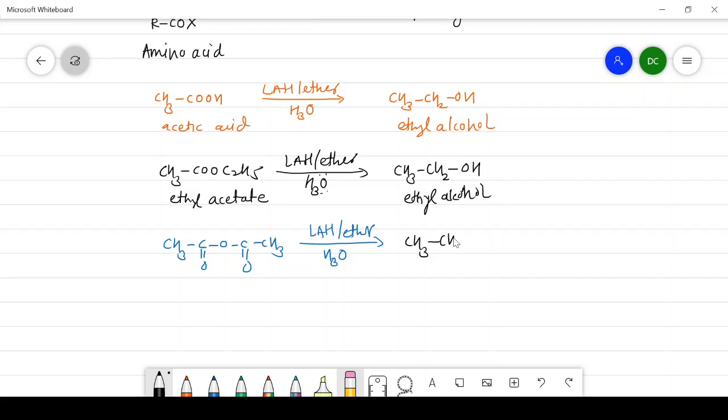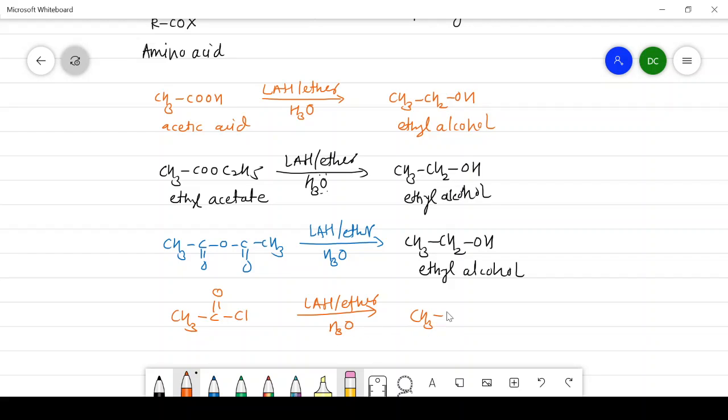Then CH3CH2OH, once again ethyl alcohol. Now take the example of acid halide, that is acyl chloride, COCl. Whatever may be the halogen, it is going to convert into alcohol, CH3CH2OH.